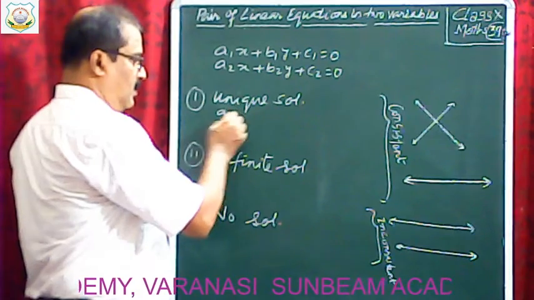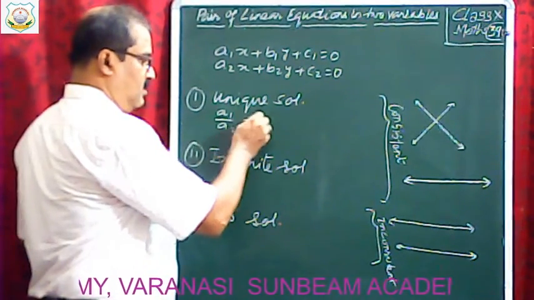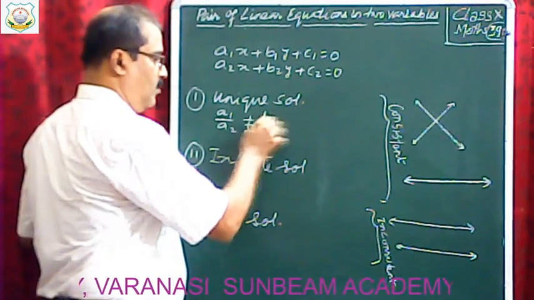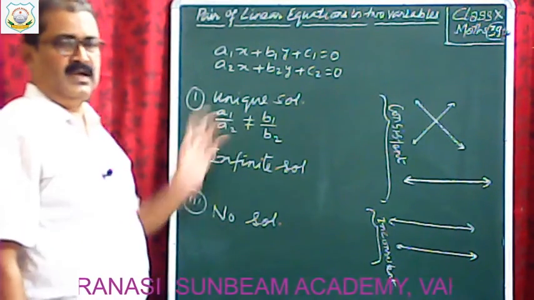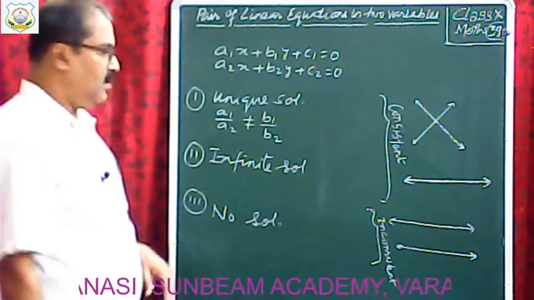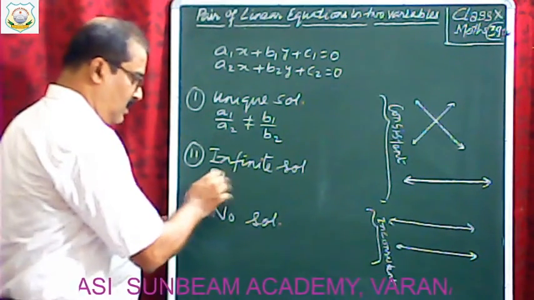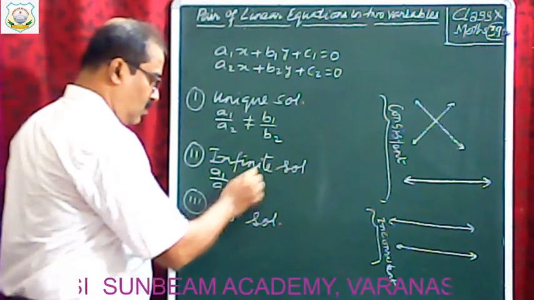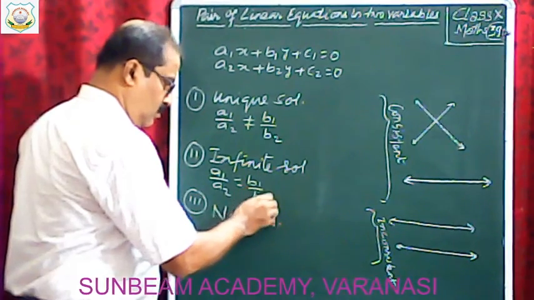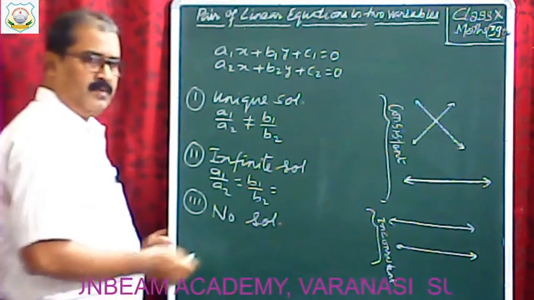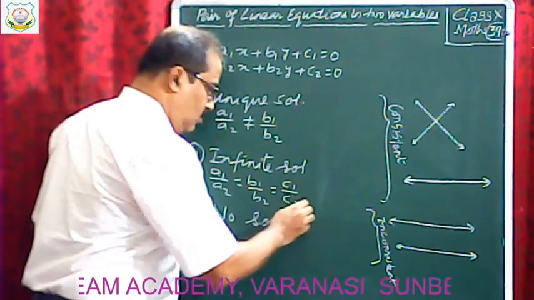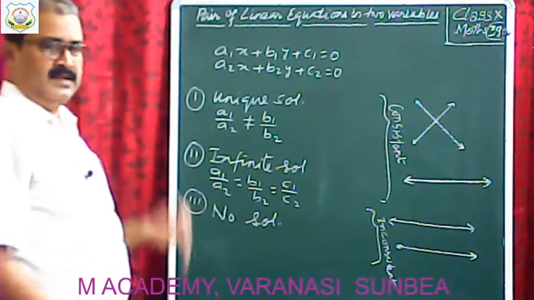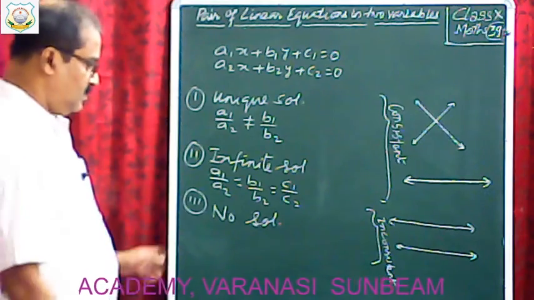Let's see. If a1/a2 is not equal to b1/b2, then it is a case of unique solution. Okay, if we get a1/a2 equal to b1/b2, thereafter you have to find c1/c2. If you get that c1/c2 is also equal to the previous ratios, then it is a case of infinite solutions.